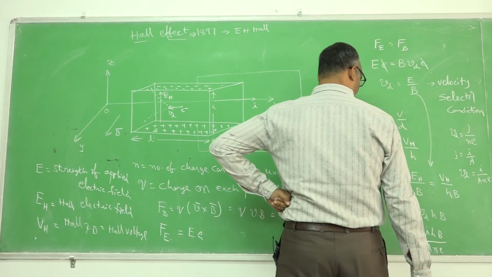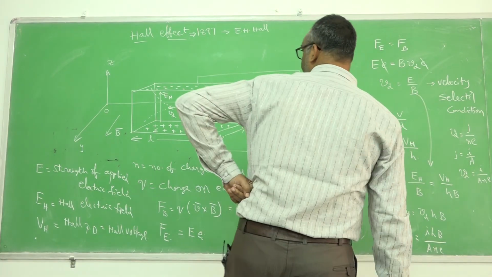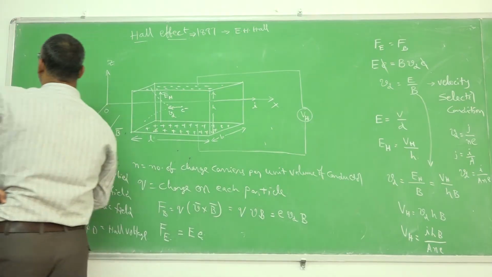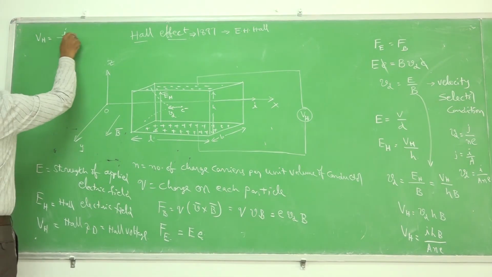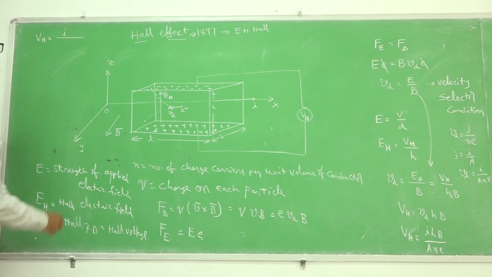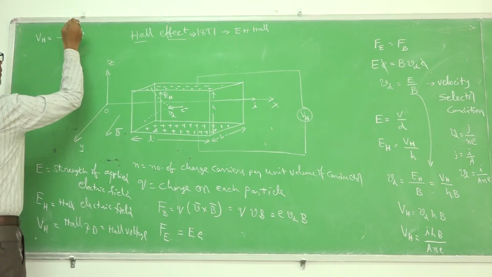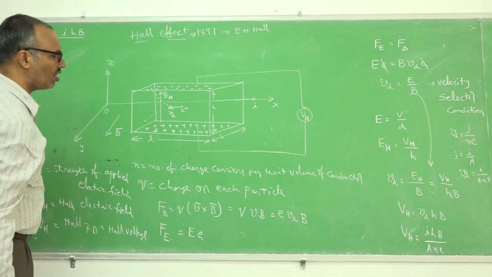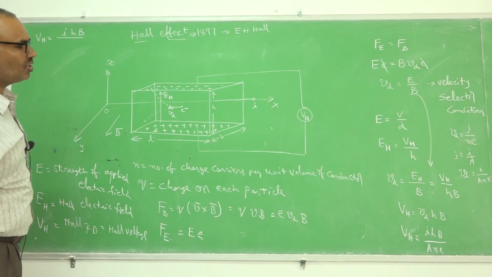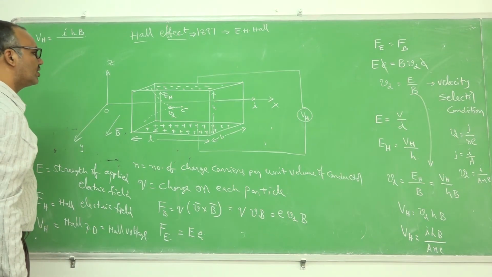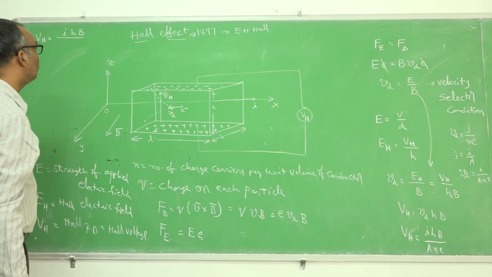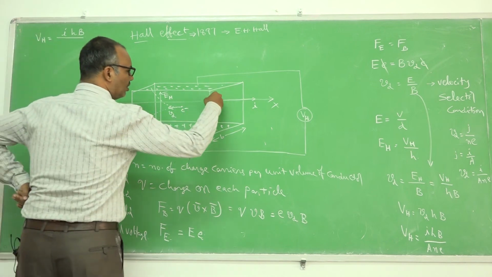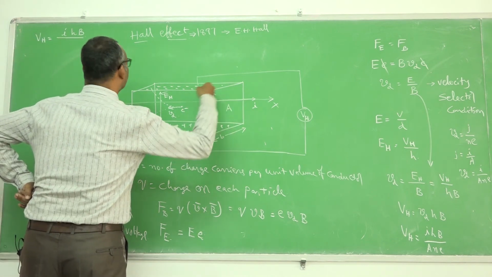A is nothing but the area of cross section. So I can write Hall potential as I h B by A N e. In the place of A, the area of cross section through which the current is passing, is nothing but h into b. This is the area of cross section through which it is going.